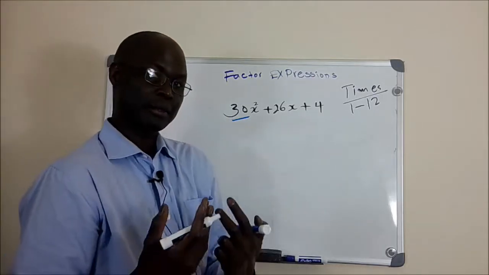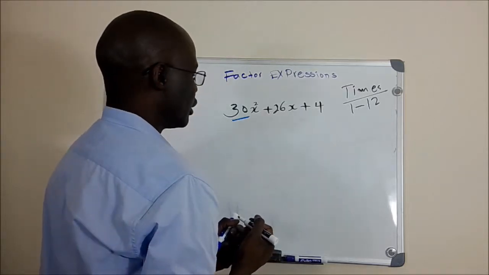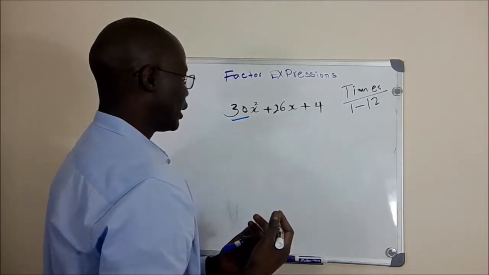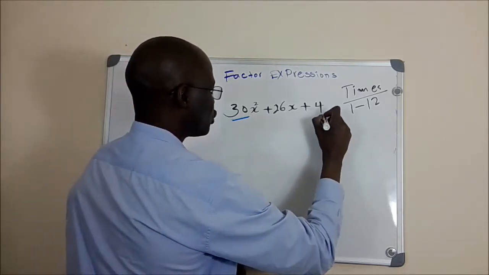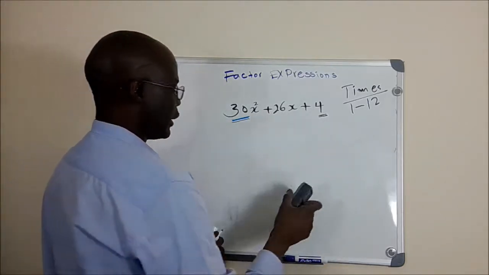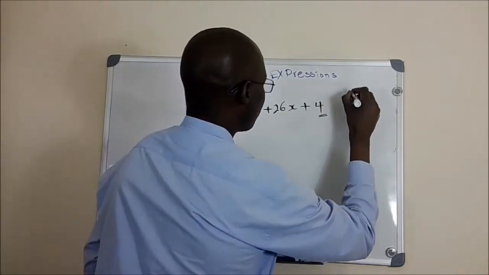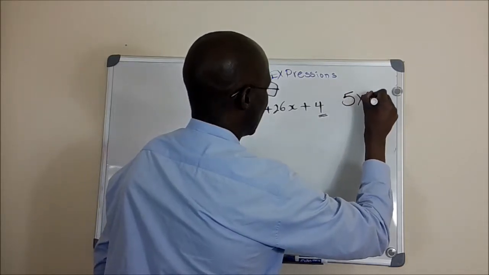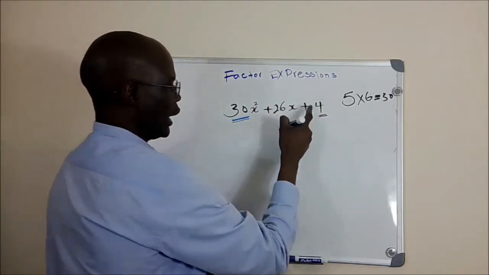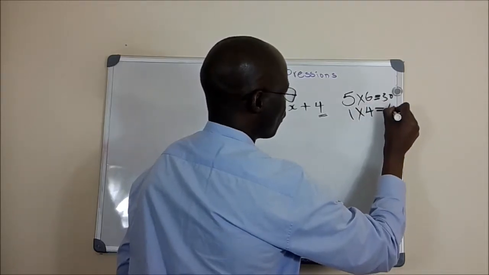But if you're in an exam, that's the way you should do it. You look at those two numbers and see how you can solve it. It's so easy for you. You don't need a calculator in an exam, because you're just looking at those two numbers. So for me, it seems the number we need here is 5 times 6 equals 30, which is the first number here, and this one should be 1 times 4 equals 4.